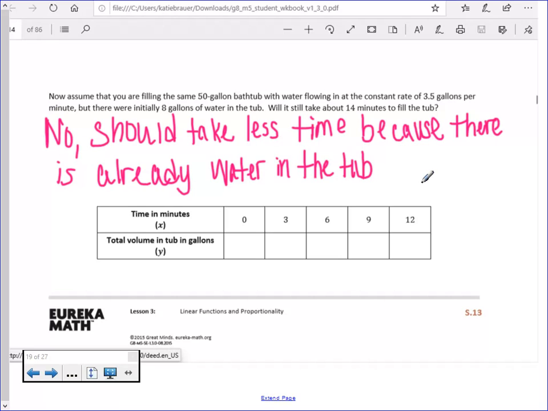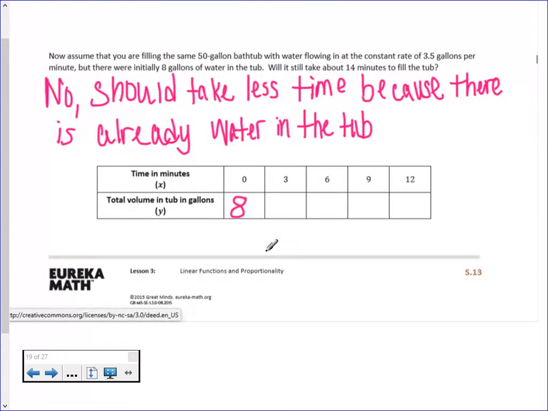Yeah. Okay, now we have a table to fill out for this part up here. So at 0 minutes, it already had how many gallons of water in the tub? 8 gallons. So at 0, we had 8 gallons in the tub. Now we have to figure out for 3 minutes, 6 minutes, 9 minutes, and 12 minutes. So we're going to actually have a different equation here.